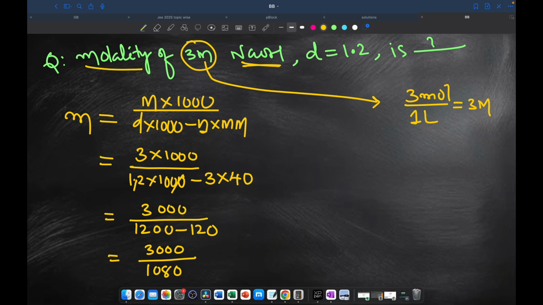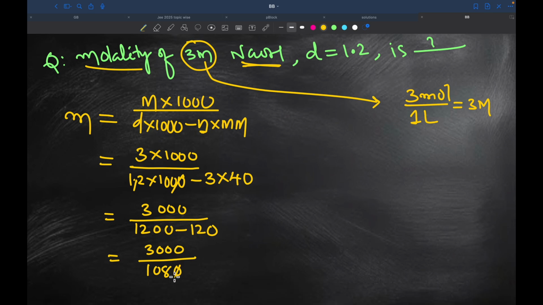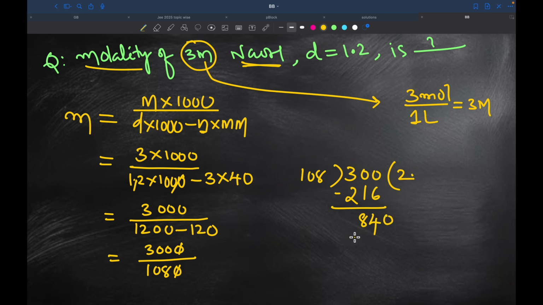1080. Now the 0 gets cancelled, right? So you are left with 300 divided by 108. It can't go in 3, so it should be 216. Correct? If we subtract it, 84 is the remainder. Again we'll take 0 and here it is. Right?